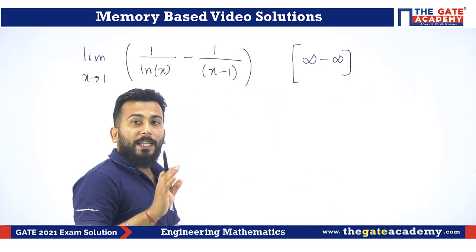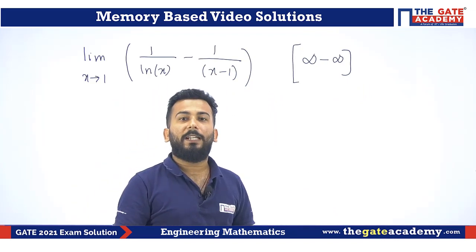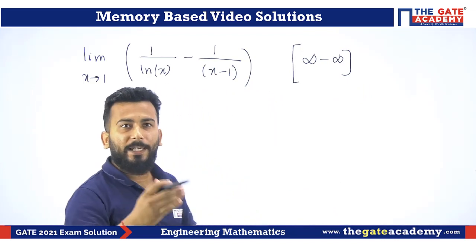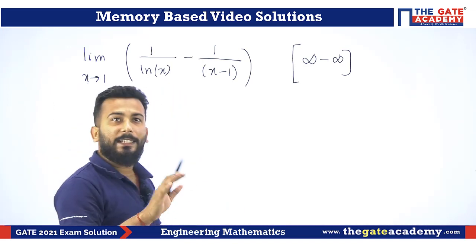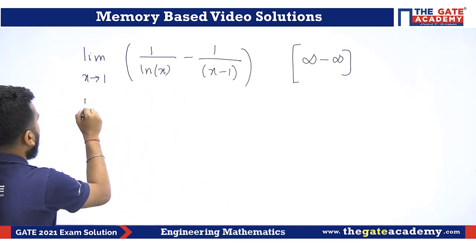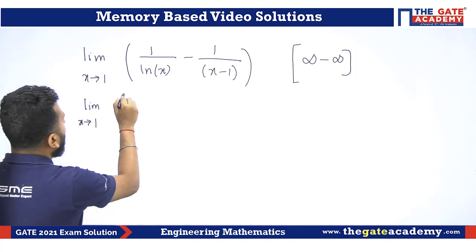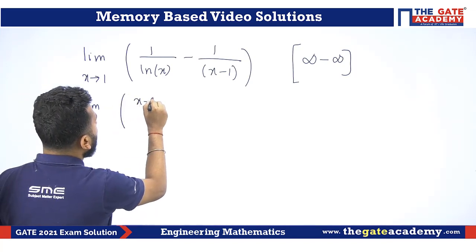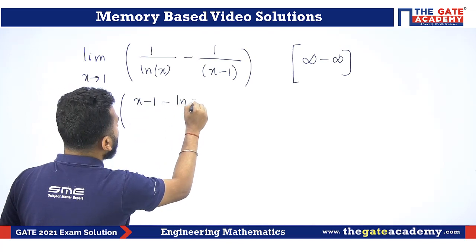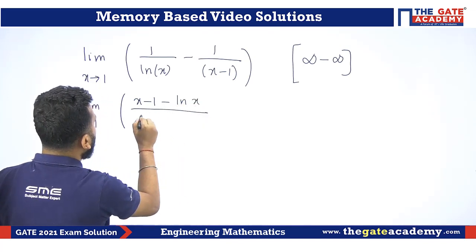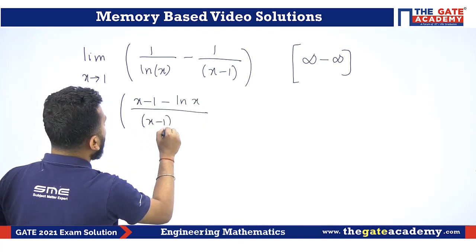In infinite minus infinite form, we convert it into 0 by 0 or infinite by infinite form by taking the LCM. So it is (x minus 1 minus ln x) divided by (x minus 1) into ln x.